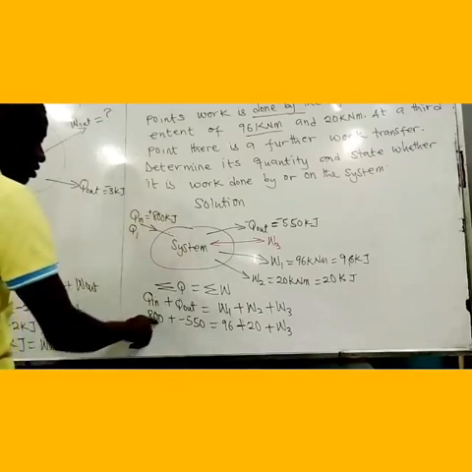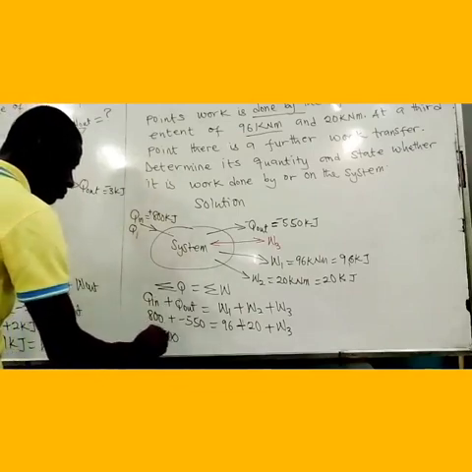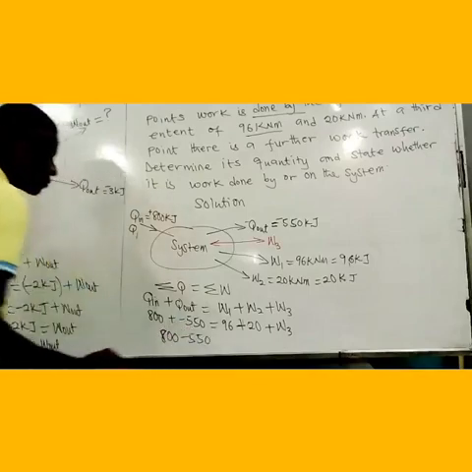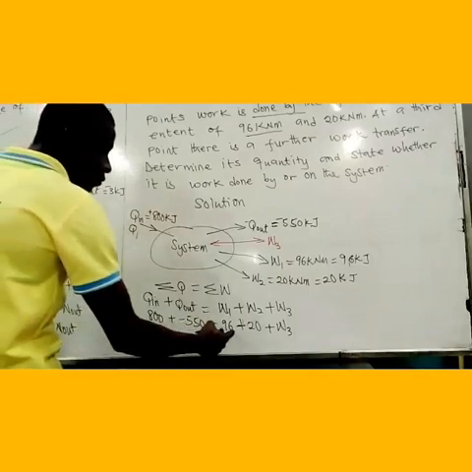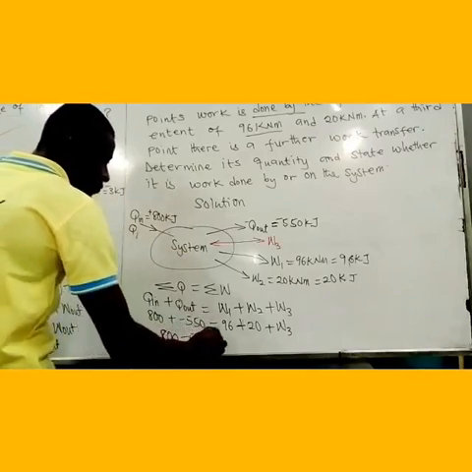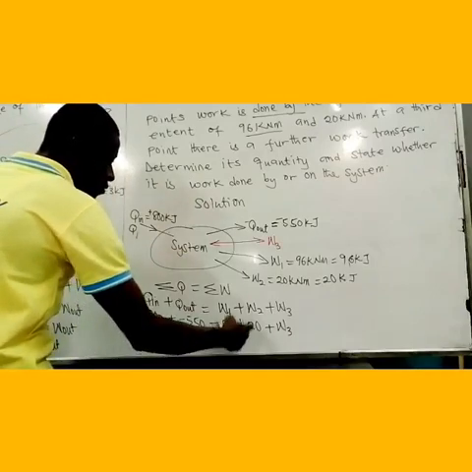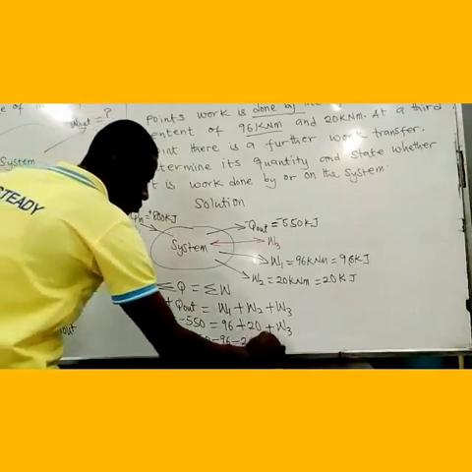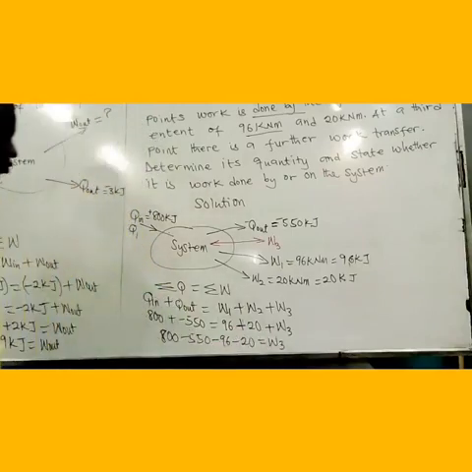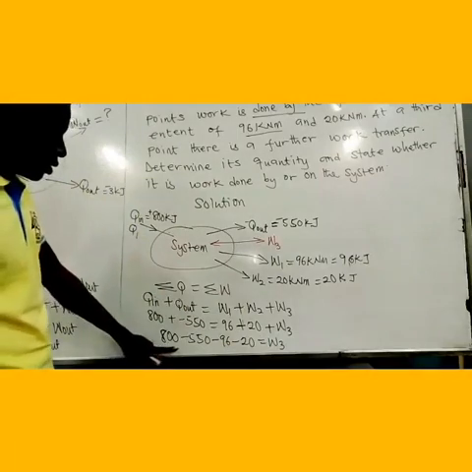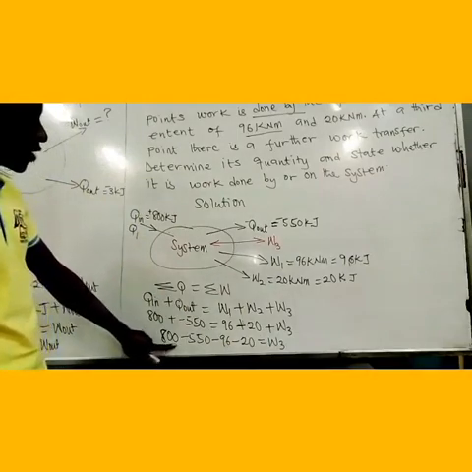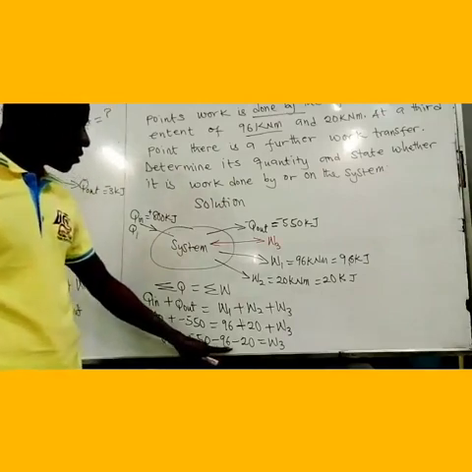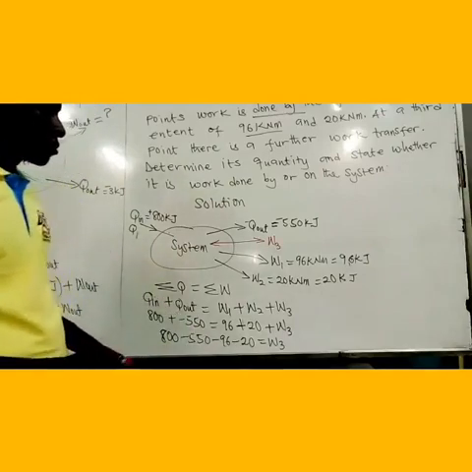So this is 800 minus 550. Now, if we bring this to the left hand side, we have minus 96, and minus 20, equal to work 3. So we have 800 minus 550 minus 96 minus 20 to compute.